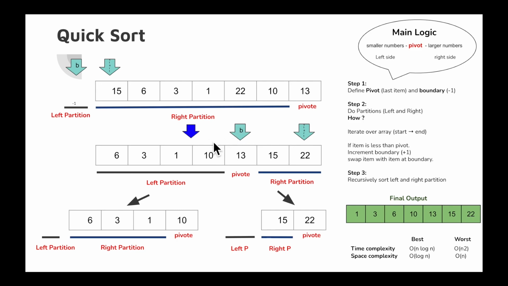That's why we return the boundary. So the left partition's start index will be the start index and the end will be boundary minus 1. And what about the right? The start index of the right partition will be boundary plus 1, because boundary is now the correct position of the previous pivot, which has already been sorted, so we don't need to worry about this.